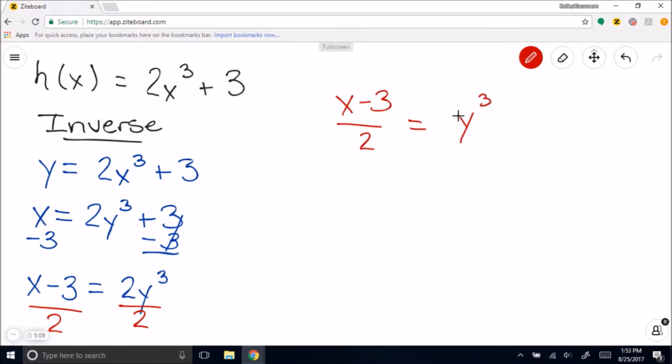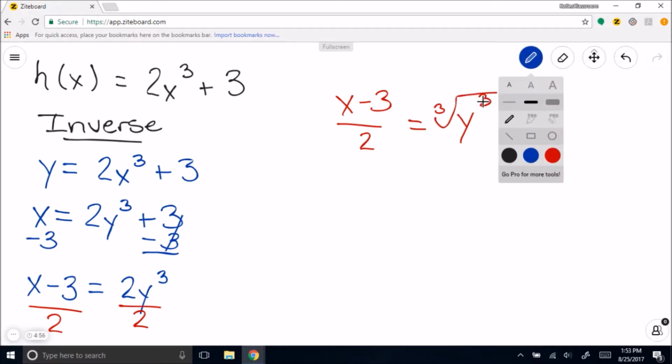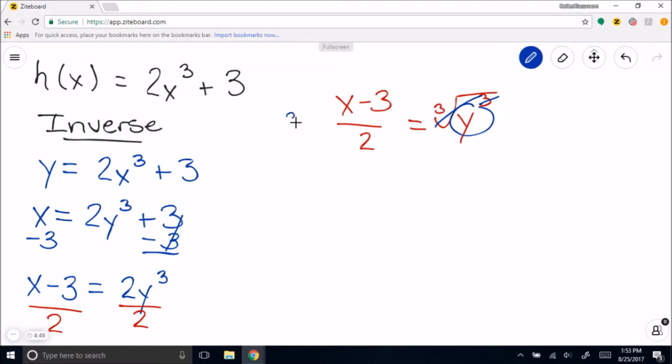And then you always do the opposite operation when you're solving equations. So y cubed, the opposite would be to take the cube root of this. The cubed and the cube root cancel out, so we're just left with y. But if I take the cube root of one side, I have to take the cube root of the other side.